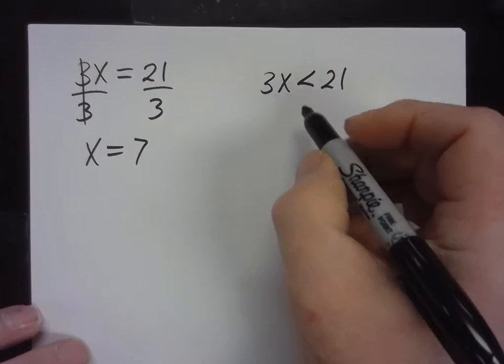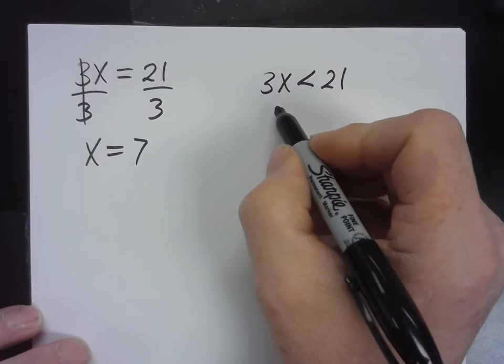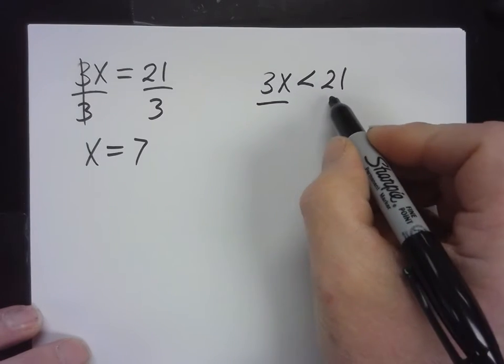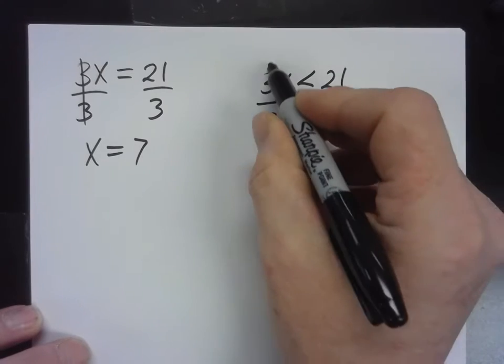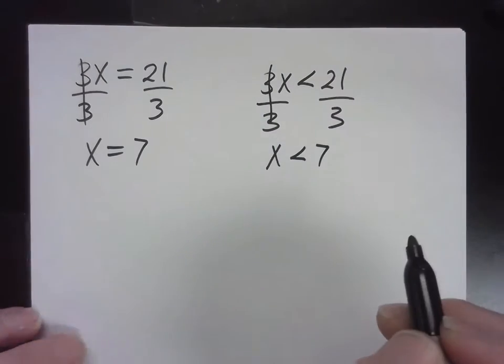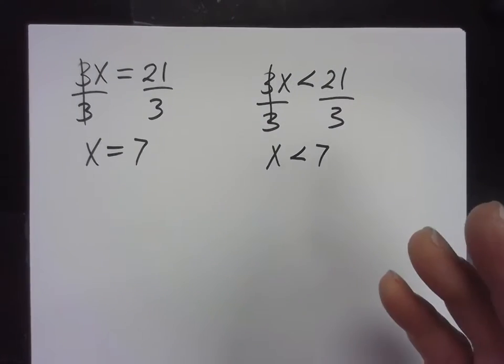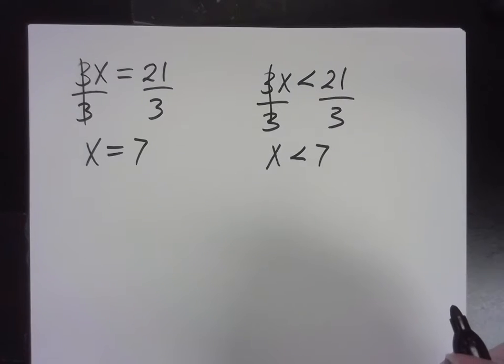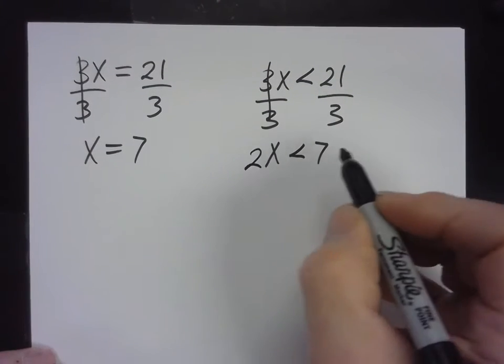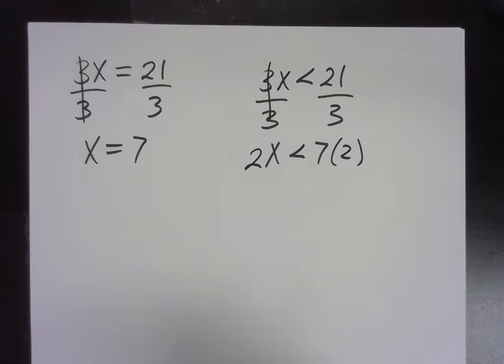Yes, I heard. So you're saying that's still going to be true. What if I were to multiply both sides by 2? Would it still be true? You're saying yes?